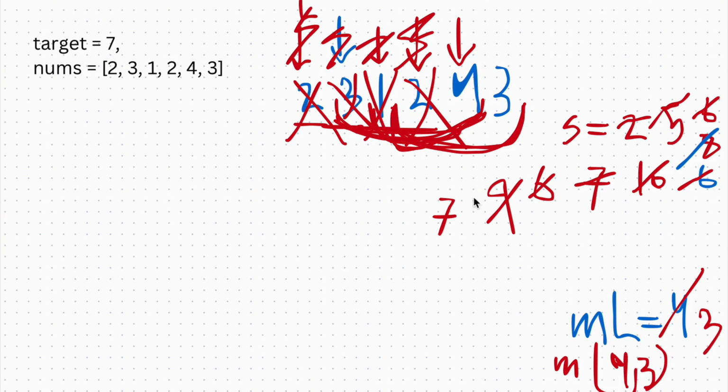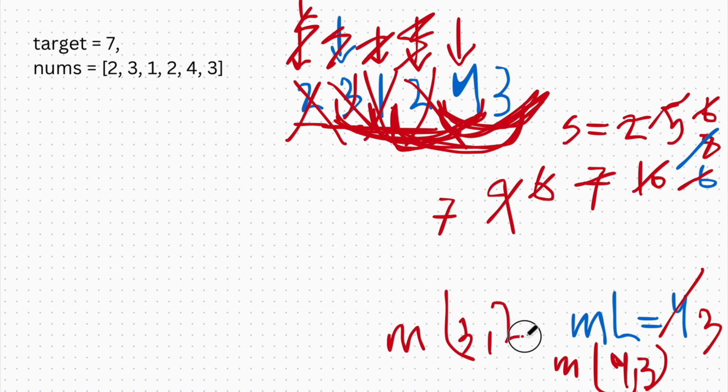Okay, now 7 is equal to 7. We have the length of 2, so what is the minimum between 3 and 2, our current window length?